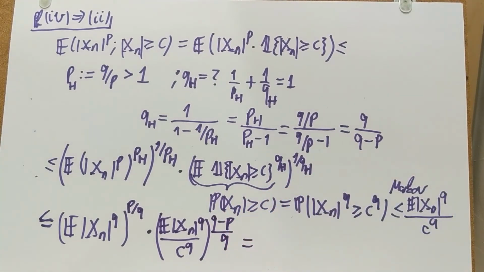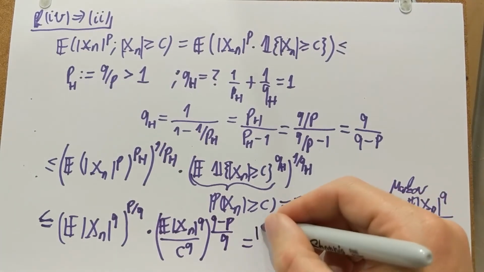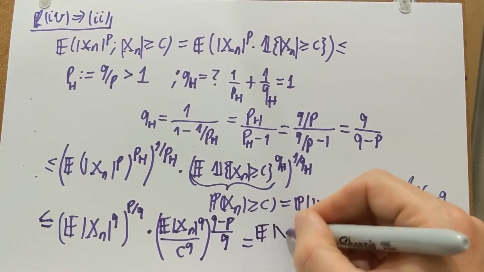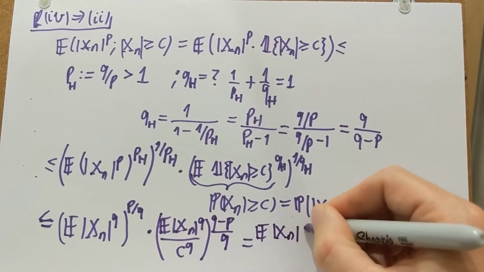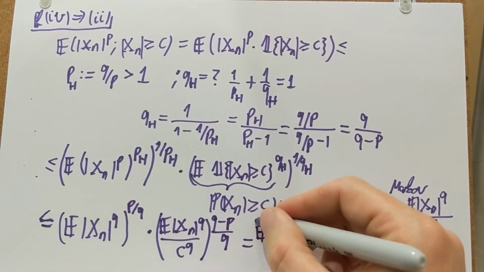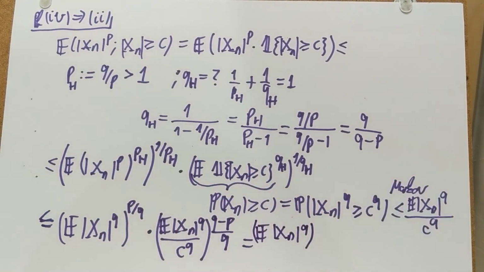Okay, so I notice that underneath the expectation is the same thing. It's just different powers on it. So I'm going to have the expectation of xn to the q. That's the same in the two terms. All of that is raised to the p over q power, and then add to this power q over q, which is 1, and subtract p over q.